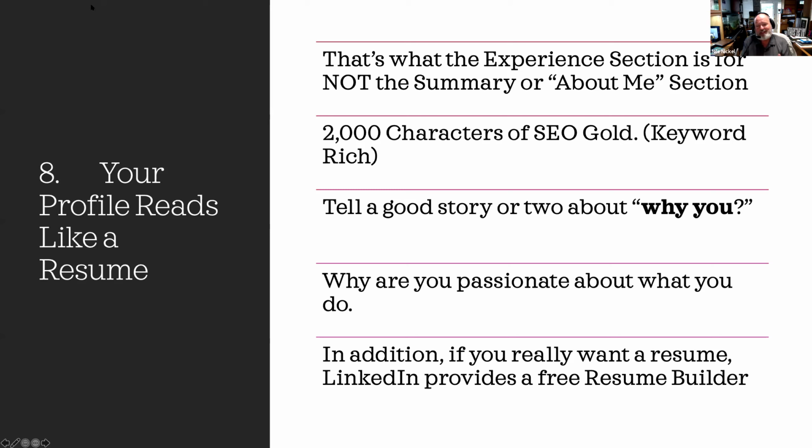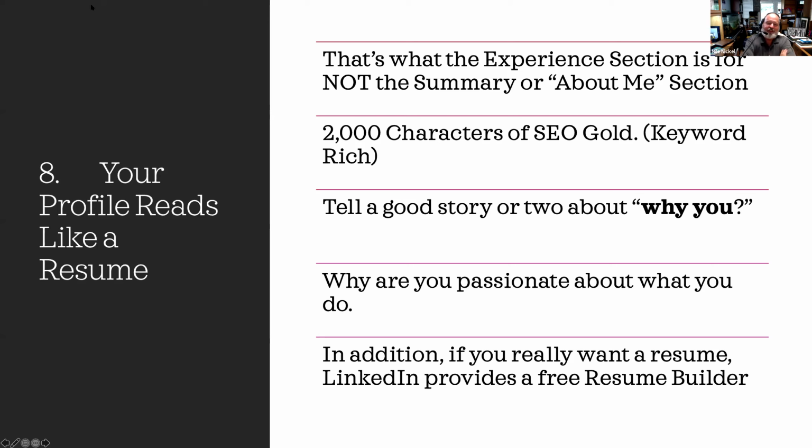The About Me section, which is where most people stop reading if you don't do a good job. You've got 2,000 characters there. And this is the second most powerful area on your LinkedIn profile. Because just like that headline, the second thing that Google looks at and evaluates is this About Me section on your LinkedIn profile.